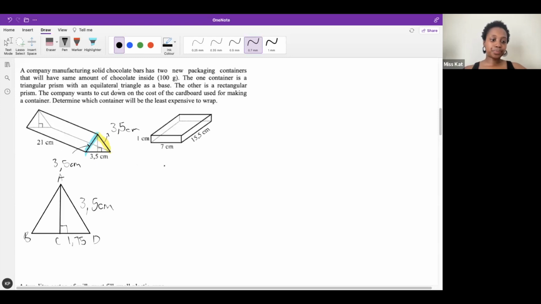What do we do? You work out Pythagoras, but in reverse. So then AC squared will be AD squared. Is it plus or minus CD? Minus. Nice. So then AD squared is 3.5 squared minus 1.75 squared.